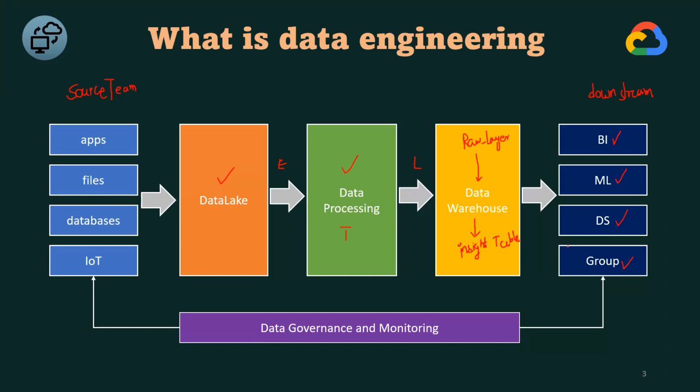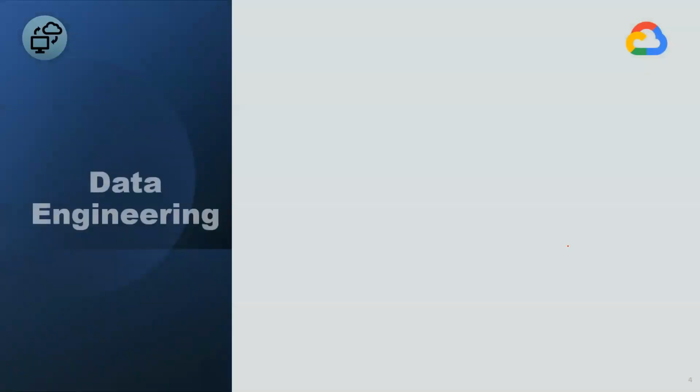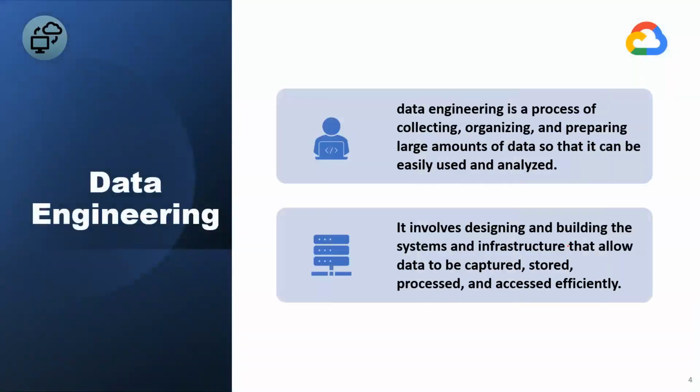Data engineering is a process of collecting, organizing, and preparing large amounts of data for analysis purposes. For doing this, it may involve designing and building systems and infrastructure that allow data to be captured, stored, processed, and accessed efficiently.